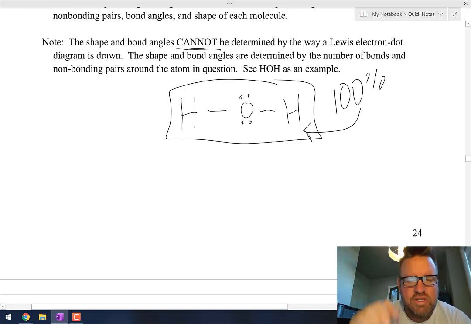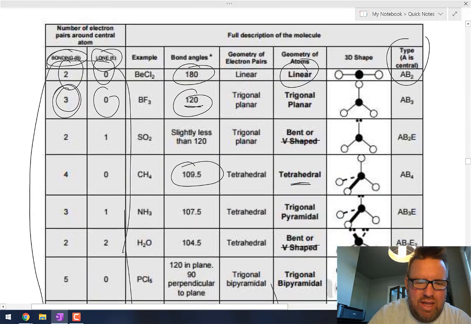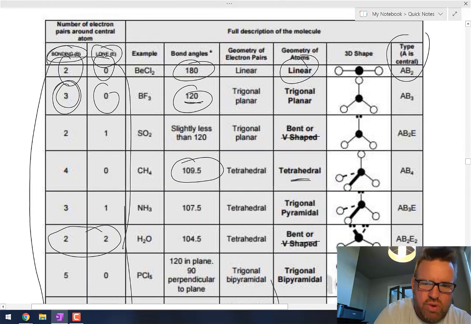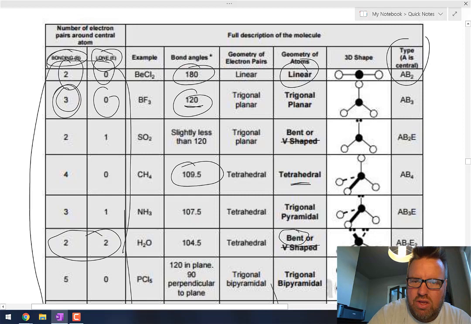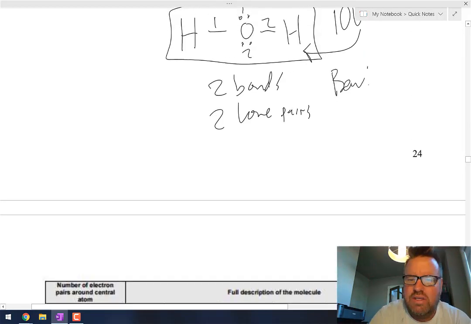The shape is always based on the number of bonds, two, and the number of non-bonding pairs, also two. So two bonds, two lone pairs is not a linear molecule. It is a bent molecule. So therefore water absolutely is bent.